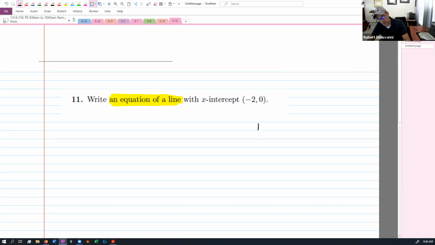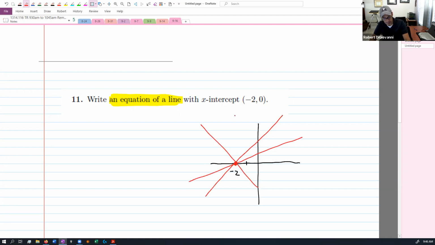So let me just draw it first. We have an x-intercept of -2, 0. So we know that our line must go through here. There are an infinite number of lines that go through there. I could do this one, or that one, or that one, or I could even do a vertical line. So it's completely up to you on how you define your line.